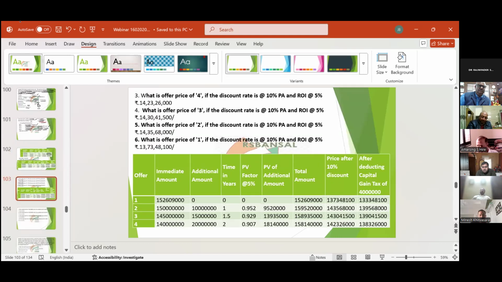Or in the question he may ask you that if he has to pay capital gain of 40 lakh, which option will be better? Many types of questions will be there. Again, second option will be better. So the only thing you should know is this method.